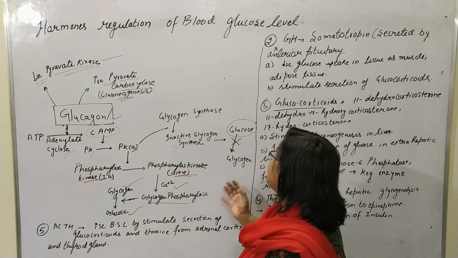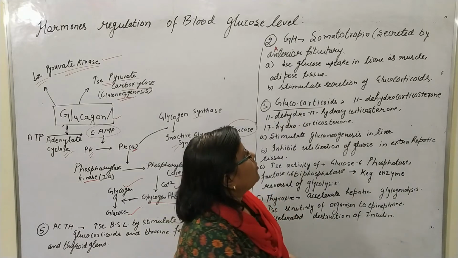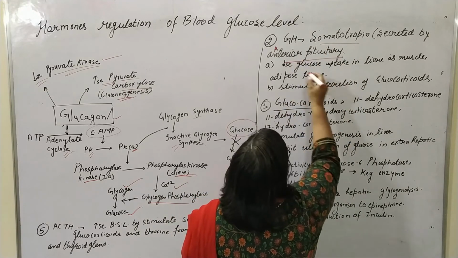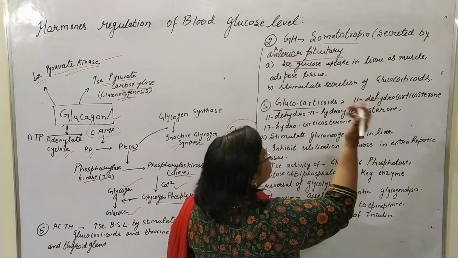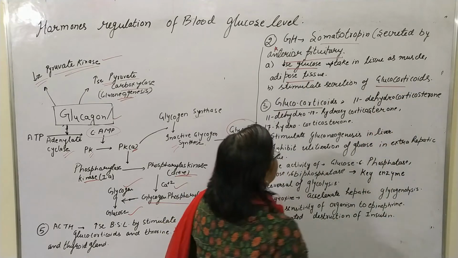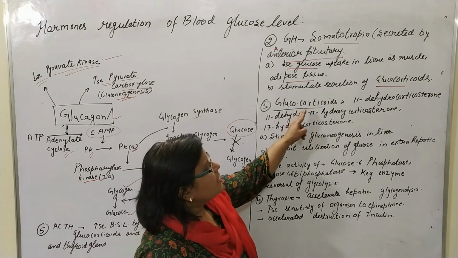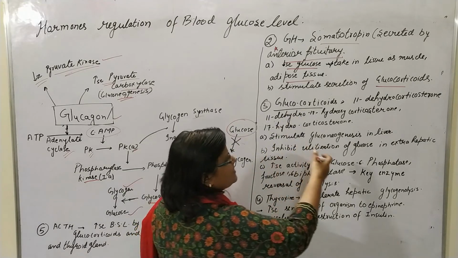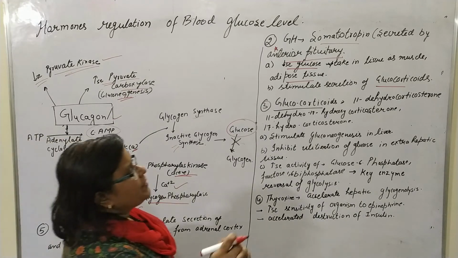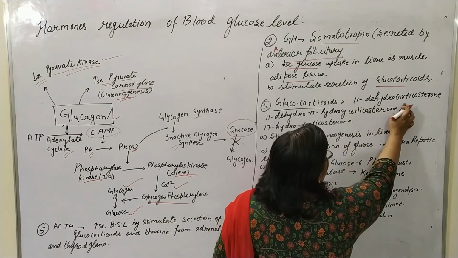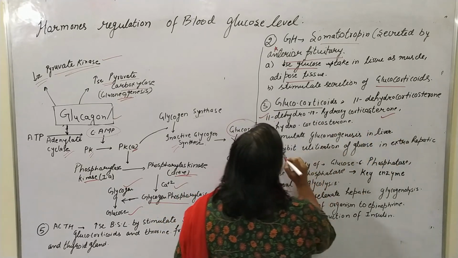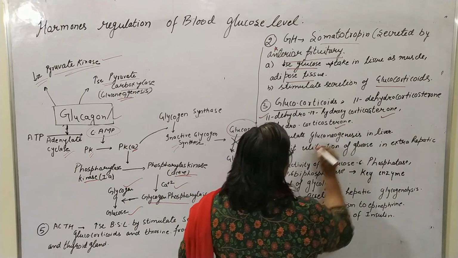Here is the other mechanism, the growth hormone. The growth hormone is the somatotropin hormone, which is secreted by the anterior pituitary. It decreases the glucose uptake, especially in the muscle and the adipose tissue, and it stimulates the secretion of glucocorticoids. Glucocorticoids are released from the adrenal cortex. Some examples are 11-dehydrocorticosterone, 11-dehydro-17-hydroxycorticosterone, and 17-hydroxycorticosterone.